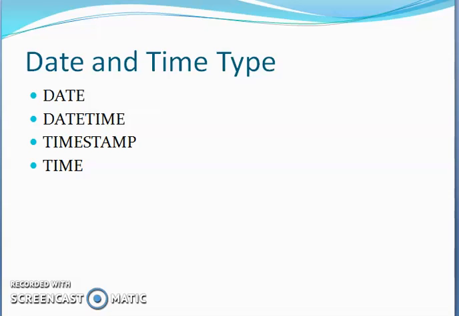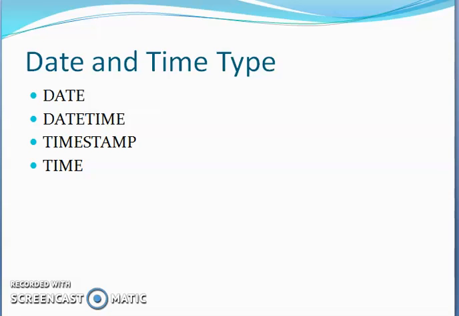Next one, timestamp. A timestamp is between midnight, January 1, 1970 and sometime in 2038. It looks like the previous datetime format, only without hyphens between the numbers.